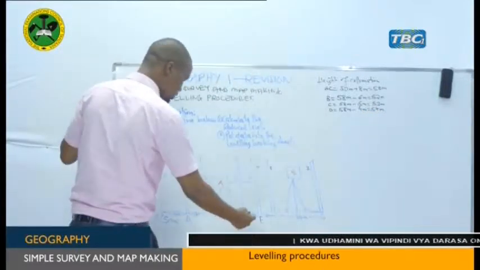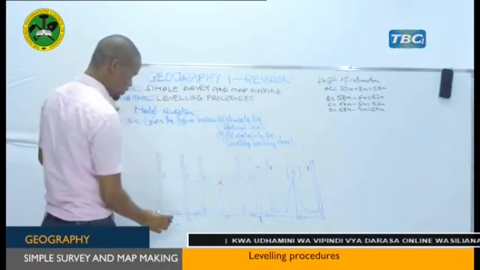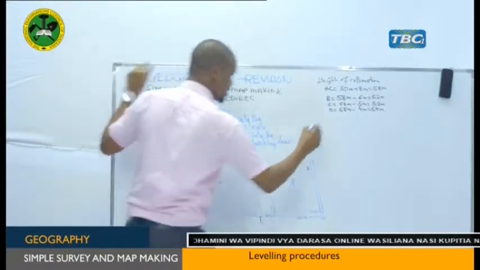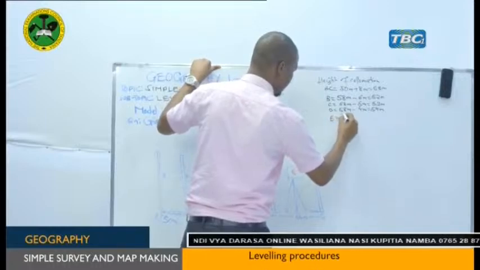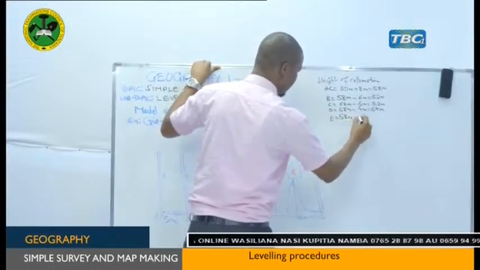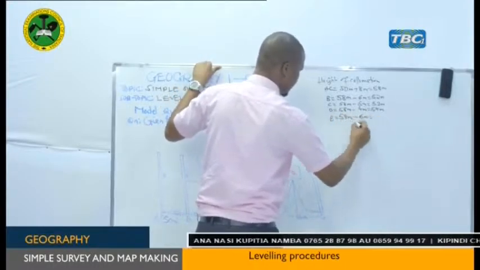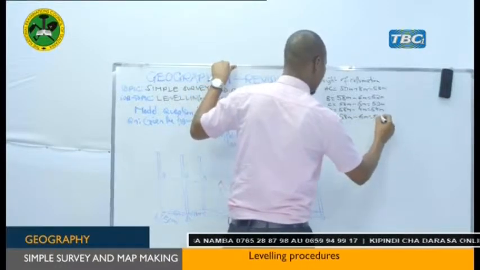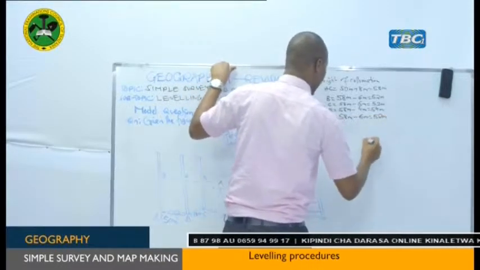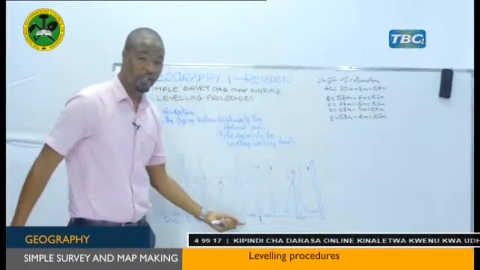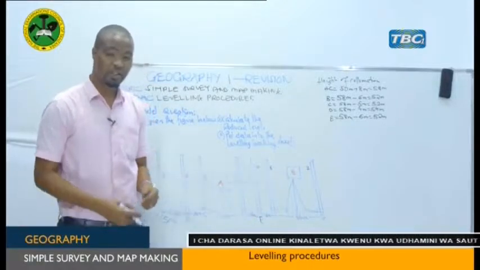Then you go to point E. It means 58 minus 6. Point E, 58 meter minus 6 meter. Then you'll get 52 meter. So remember, as I said earlier, point E is a changing point.